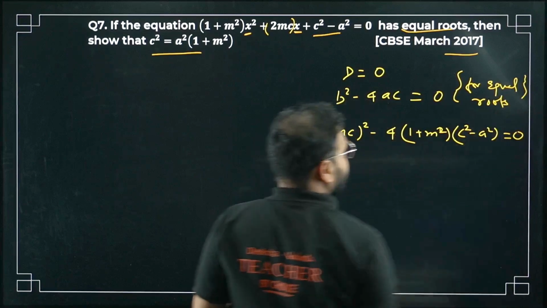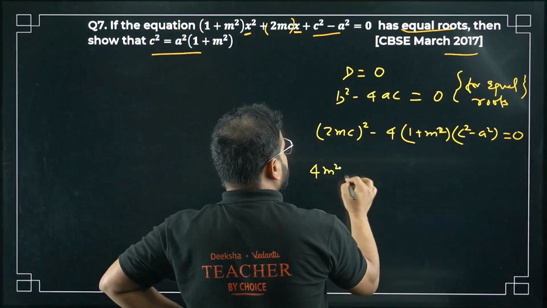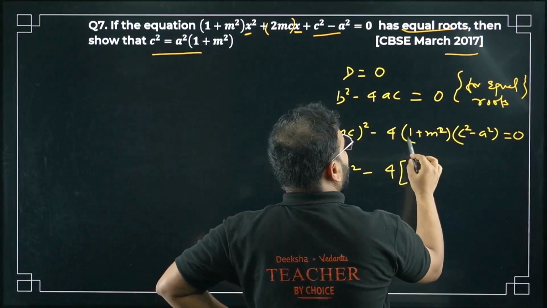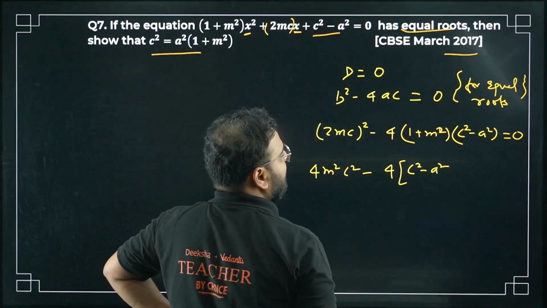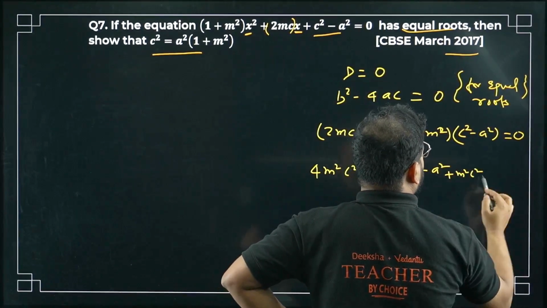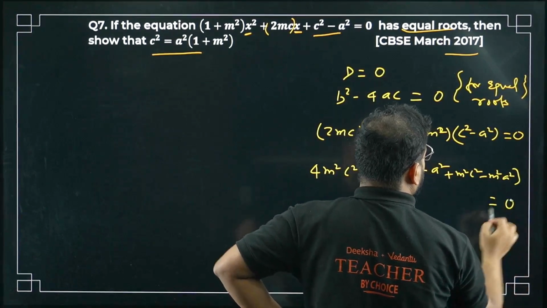What are you going to do about this? Square it up. I'll get here 4m square c square, and here I'll keep minus 4 as it is. 1 times of this will remain the same, c square minus a square. For the last term, I get plus m square c square minus m square a square equals 0.